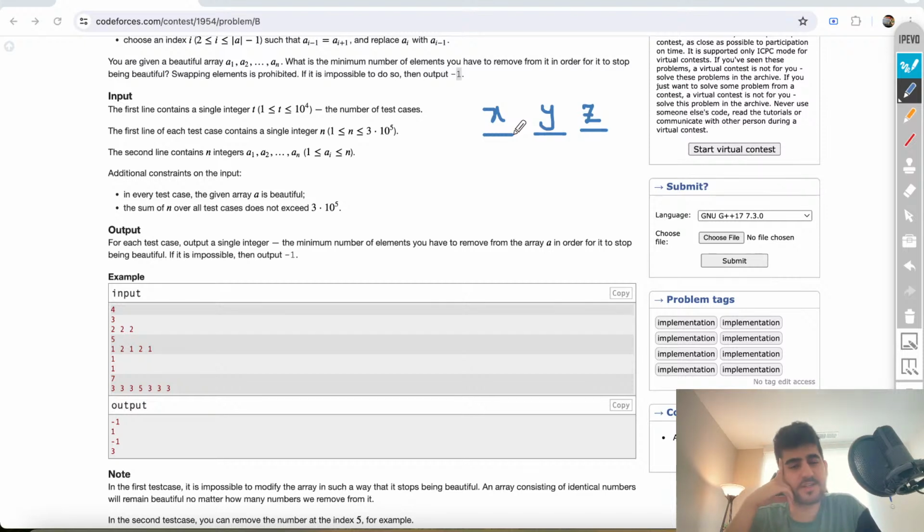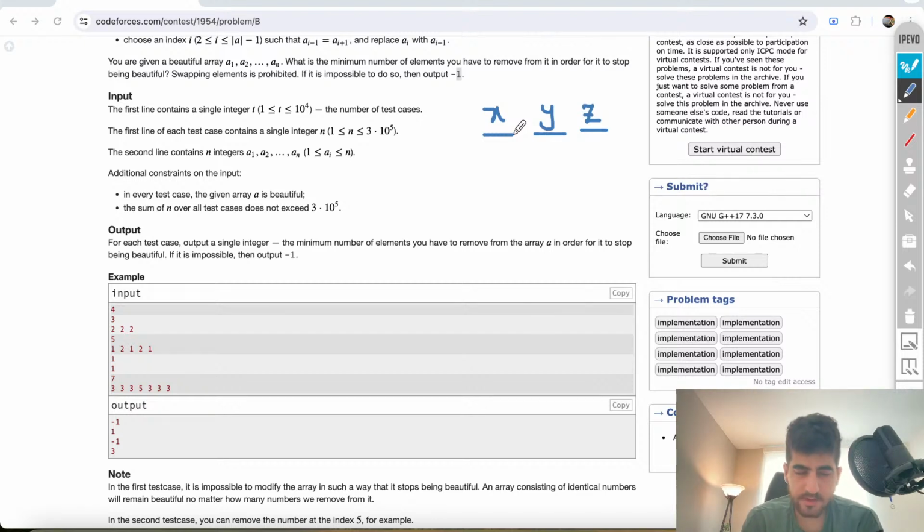Yeah, one of you said a very nice one that I will talk about. Why it is already ugly? If we have 3 distinct elements, 3 distinct consecutive elements.